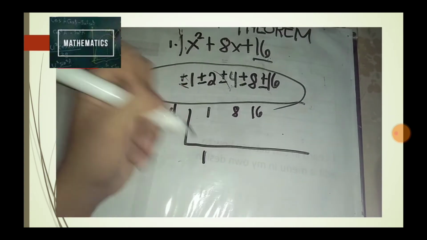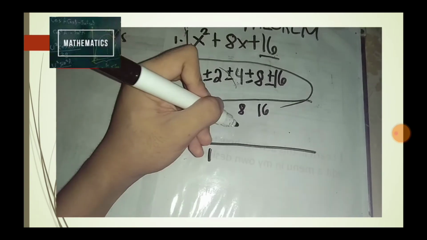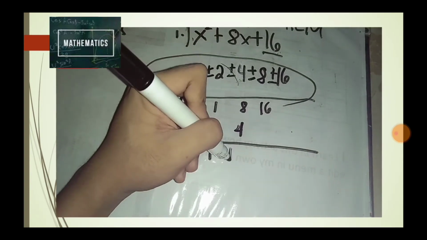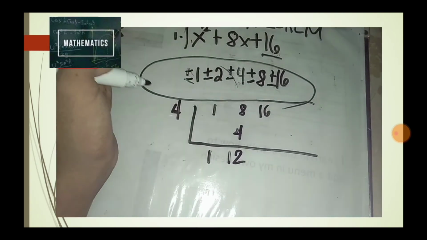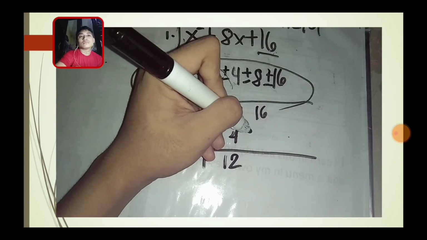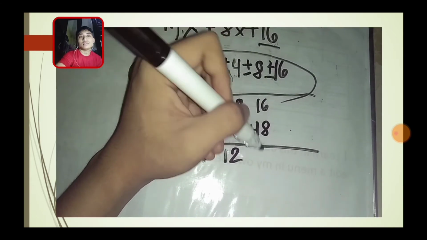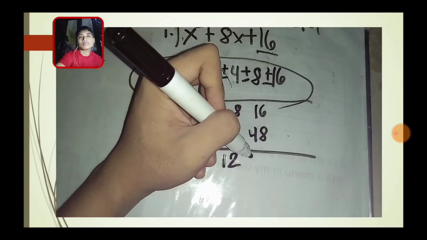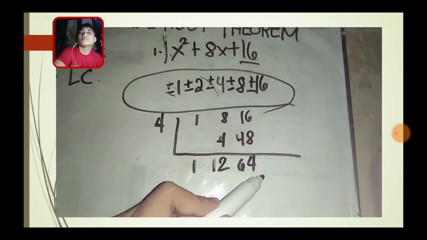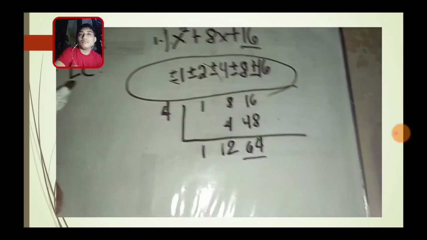Bring down 1. 4 times 1 is equal to 4. Then 8 plus 4 is equal to 12. 4 times 12 is equal to 48. If we add this, we have 64. So, positive 4 is not a root.